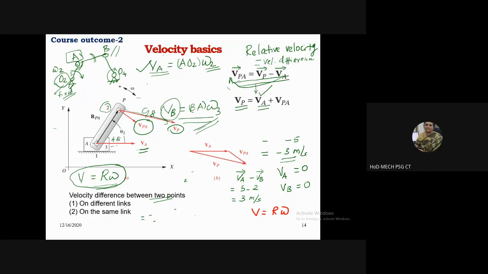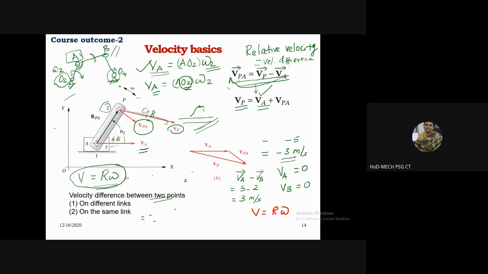See, the velocity of a point A, say for example, on link number 2, or any point on link number 2 for that matter, you can write as the distance between that point and the center of rotation, that is R, multiplied by the omega of that particular link on which the point lies. Is this clear? When I write like this, you need to find out the center of rotation for this point. This is correct only if this is a fixed point. Now O2 is a fixed point.